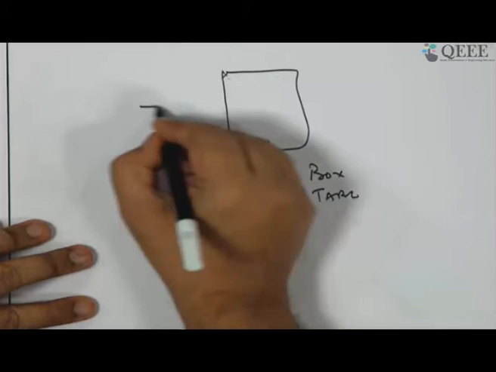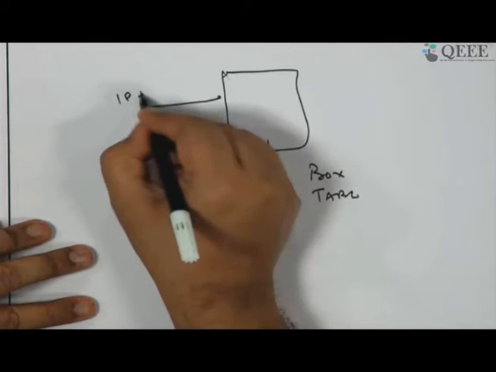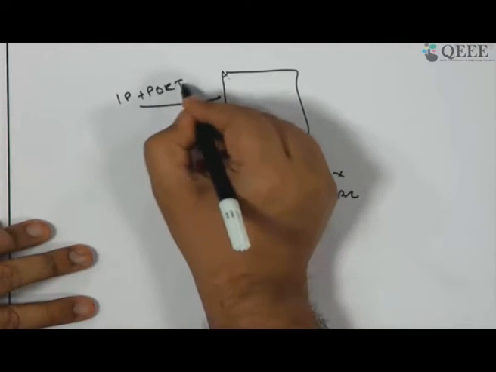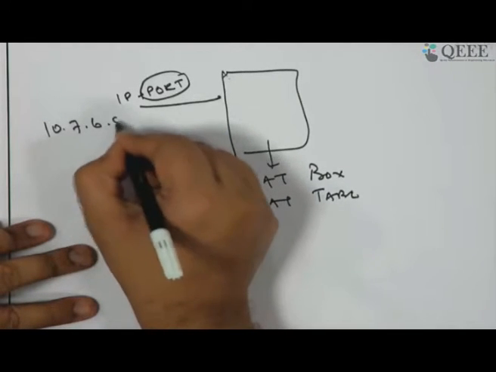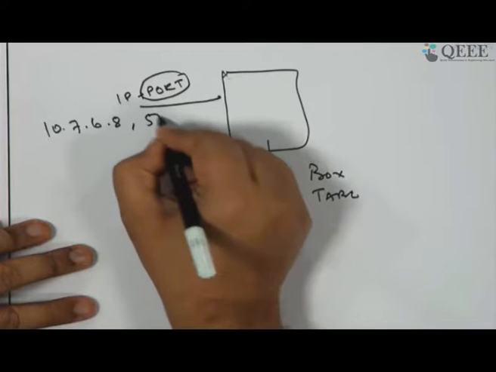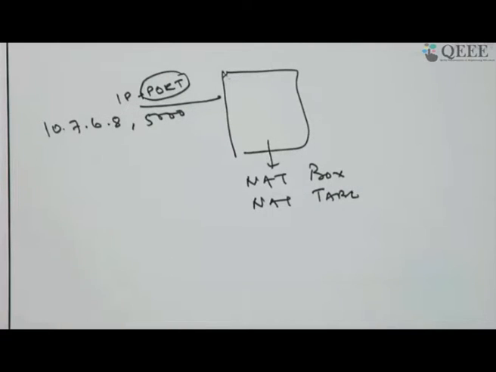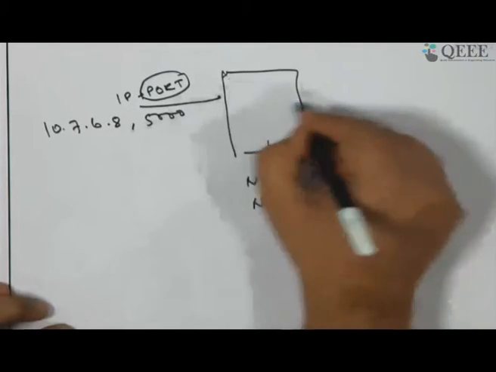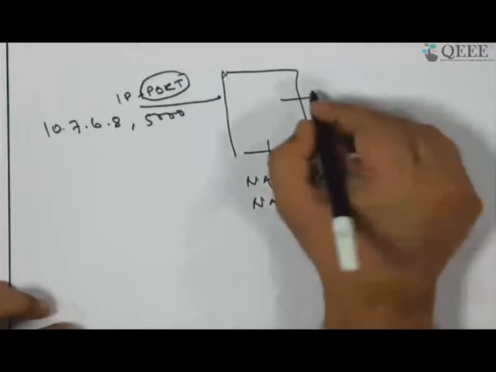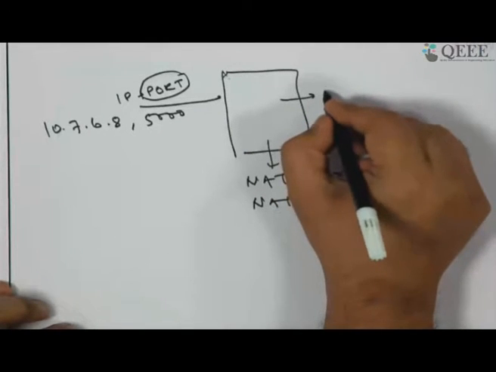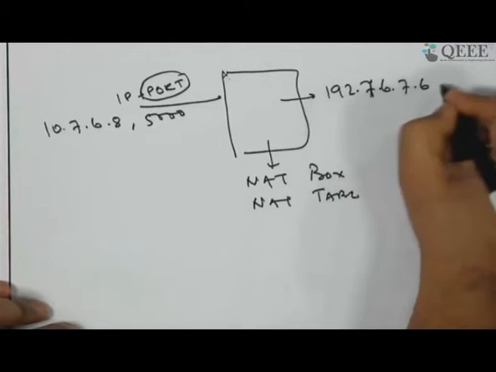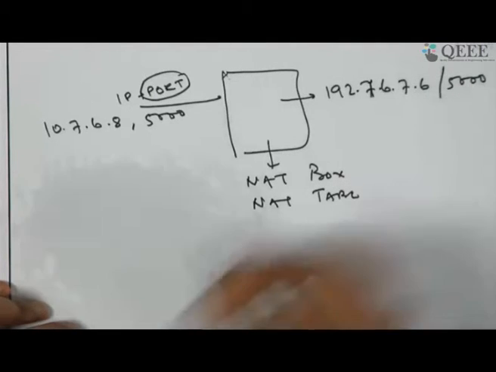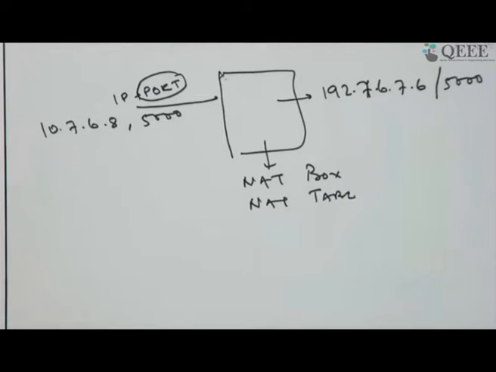Fine. So now you have an IP plus port. Say this is 10.7.6.8, port number 5,000. And now when you are transferring, you can do it with 192.16.7.6 and port number 5,000.